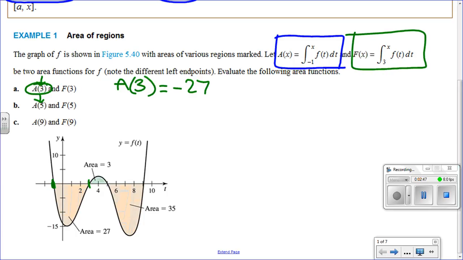Now let's find the other one, and that will be for function f. Not function f, I'm sorry, the area, uppercase F. We're going to go from 3 to x, and that particular value of x is going to be the same. So it's like we're doing the integral from 3 to 3. Do you remember what that will be? 0. Very good.